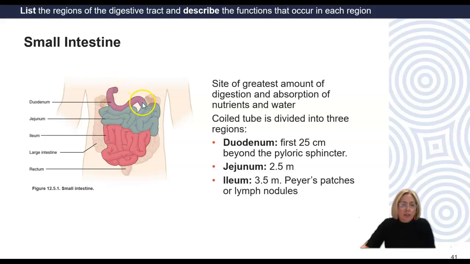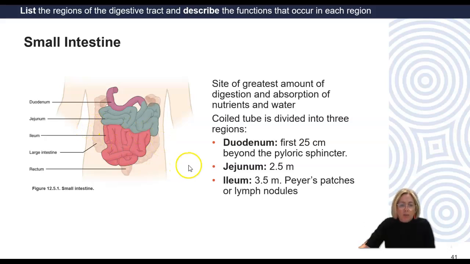So the duodenum is that purple short part, which is 25 centimeters beyond the pyloric sphincter. Duodenum just means 12, so 12 inches or 25 centimeters long. The jejunum is this green one here, and it's about 2.5 meters long. It's sort of all uncoiled. And then the ileum is 3.5 meters.